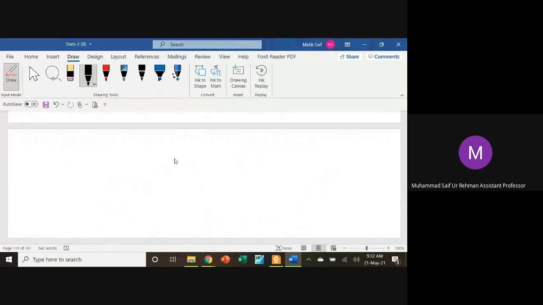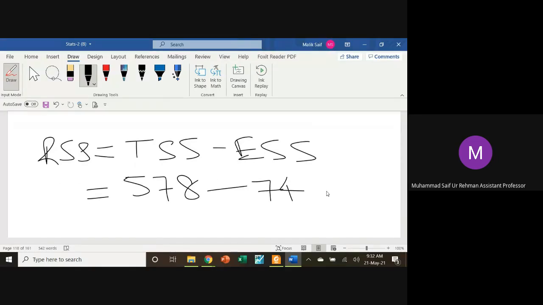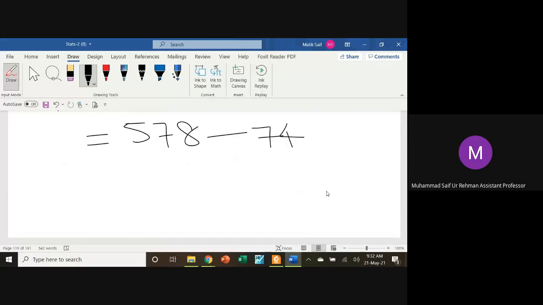So RSS is equal to TSS minus ESS. So 578 was the total variation, and 74 is your error sum of square, variation within treatments. So the answer is 504.